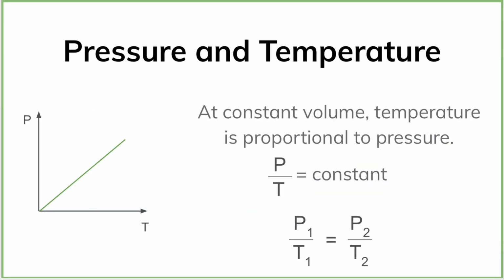The next macroscopic phenomenon we're going to look at is the relationship between pressure and temperature. With a fixed mass at a constant volume, temperature is proportional to pressure. Proportional means that it is a straight line and it passes through the origin.